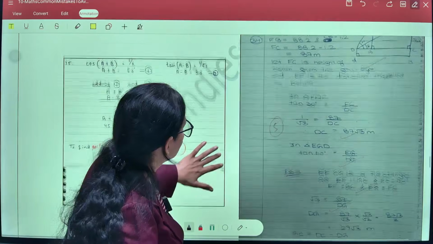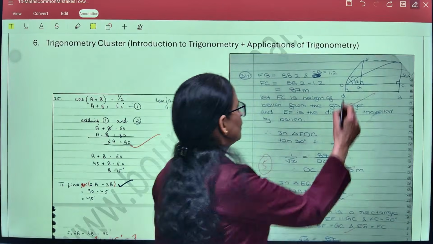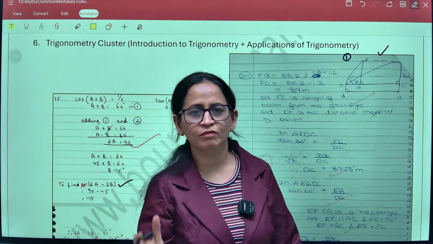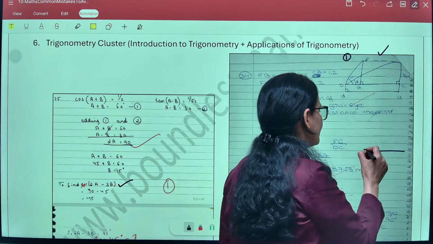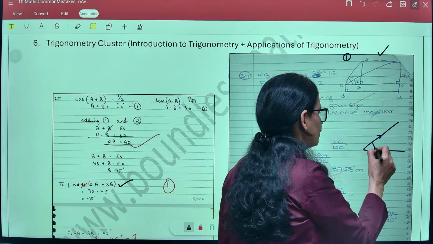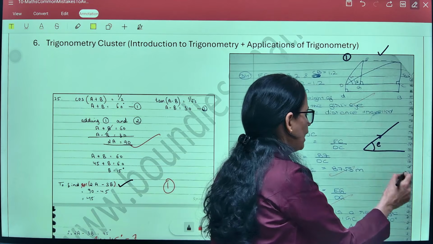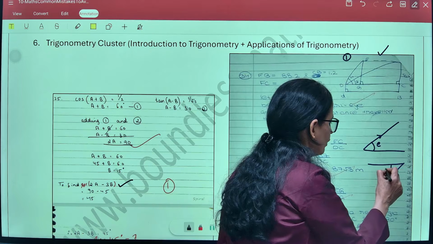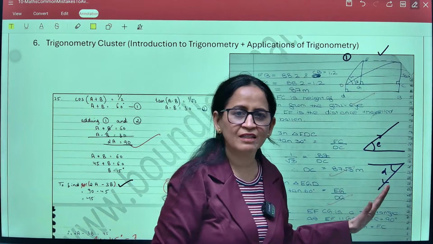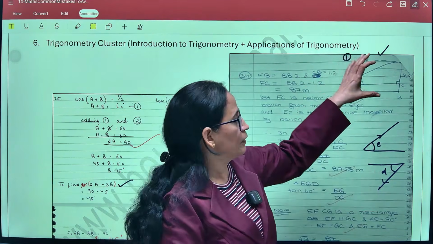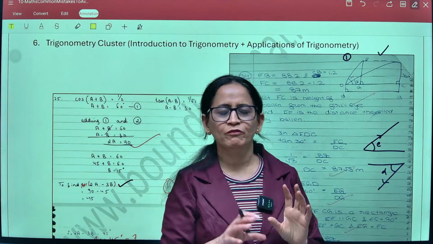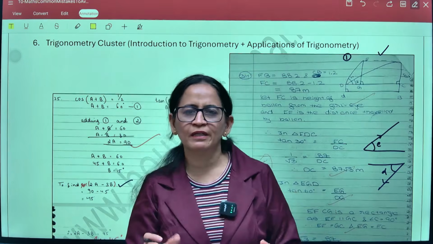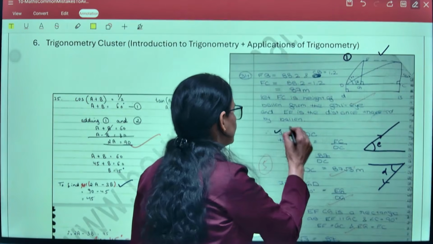When attempting questions related to applications of trigonometry, the first thing is make the figure correctly. Focus on what is given in the question. Angle of elevation is the angle between the line of sight and the horizontal plane going upwards. And angle of depression is the angle between the line of sight and the horizontal plane when you look downwards. So make the angles properly, make the figure properly. If it's a difficult one for you to comprehend, split up and make the triangles separately and then apply in what triangle.